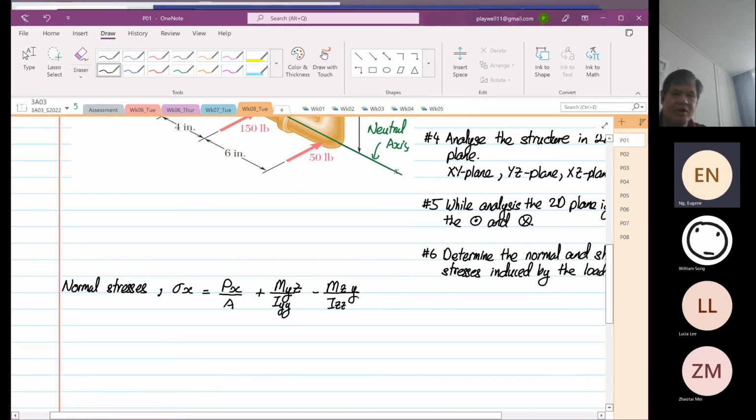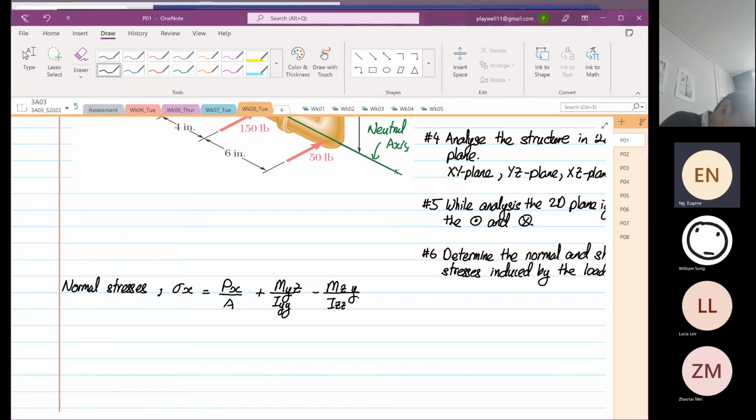Like what I always mentioned before, do not worry about the positive and negative. You will analyze the structure later on. Remember, I told you guys the head of the moment vector is positive. The tail end of the moment vector is negative.